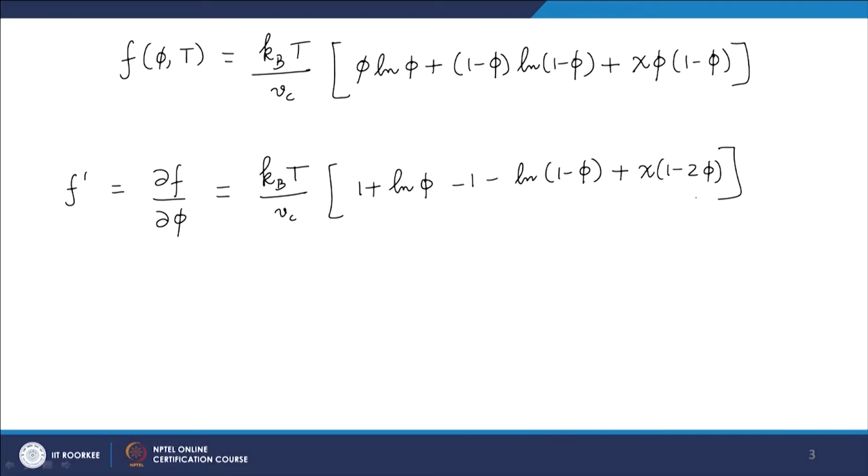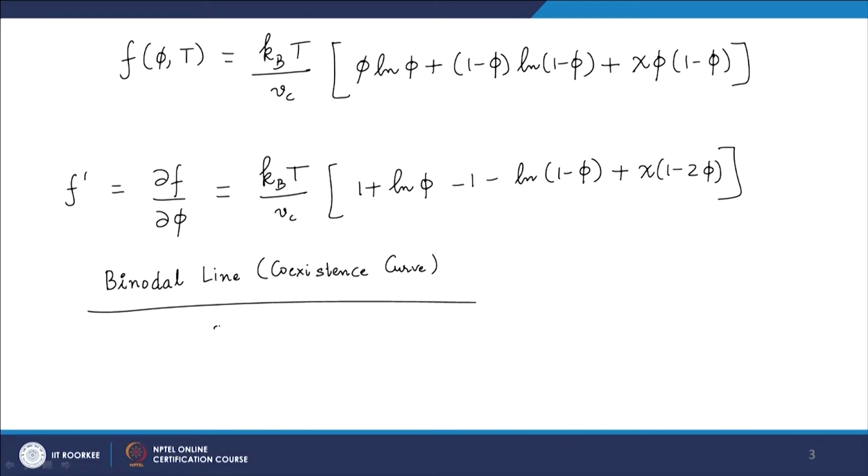Plus chi multiplied by 1 minus 2 phi. And so, for the binodal line, or the coexistence curve, in this particular case what we have is dou f by dou phi is equal to 0.